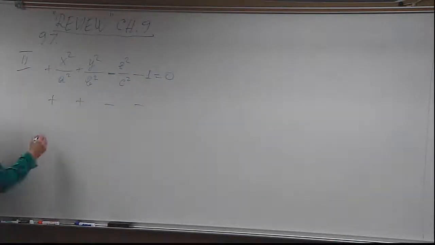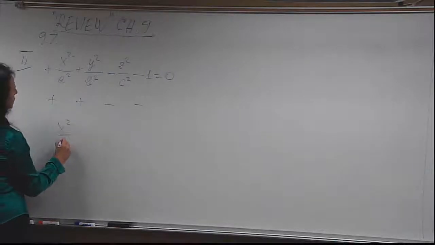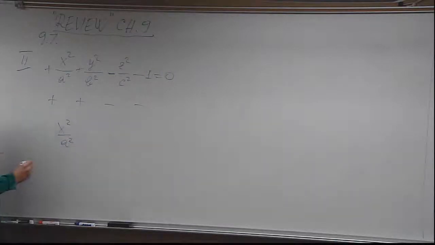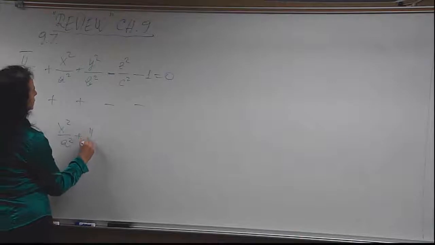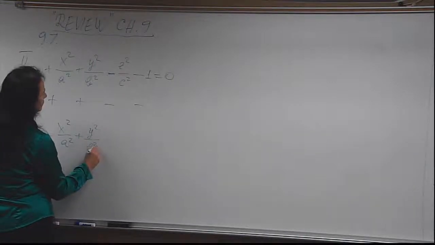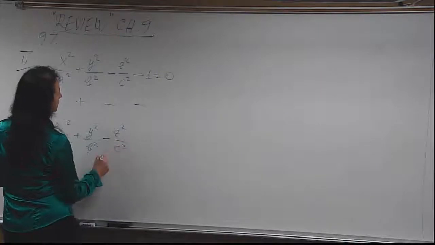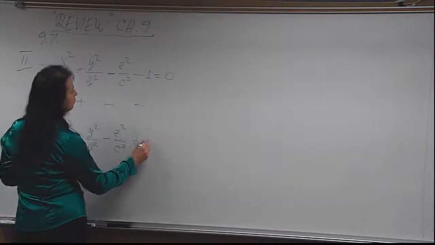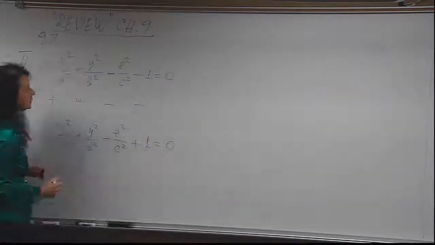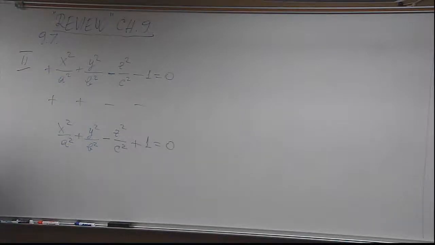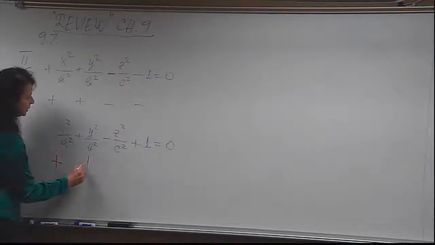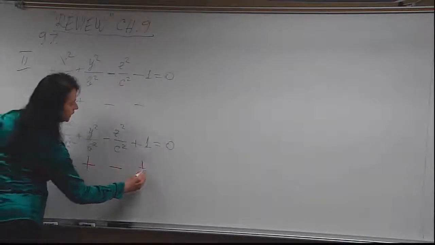So my next equation was, for comparison, x squared over a squared plus y squared over b squared minus z squared over c squared plus 1 equals 0. Let's see what kind of animal that is. And he said, could it be? Absolutely, he's right. There is some magic thing that happens here. You have plus, plus, minus, plus.